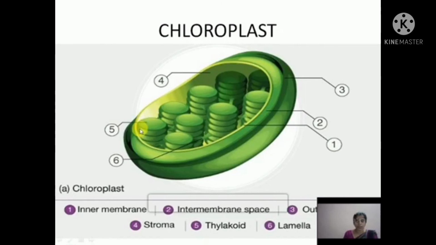And this plate, coin-like structure is the thylakoids. These thylakoids are connected just like a tube, which is called the lamella. Clear?